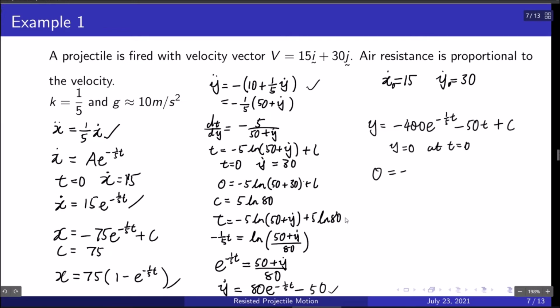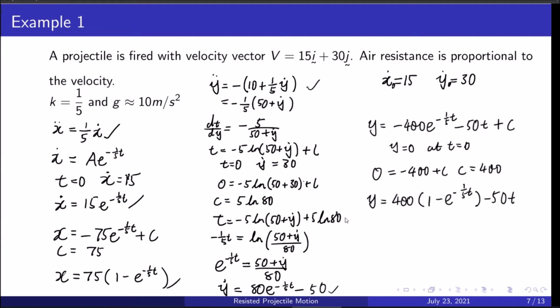So 0 equals negative 400 plus c, so c equals 400, which means we can simplify everything back down to 400 times 1 minus e negative 1/5t minus 50t. So this is our expression for the vertical displacement.